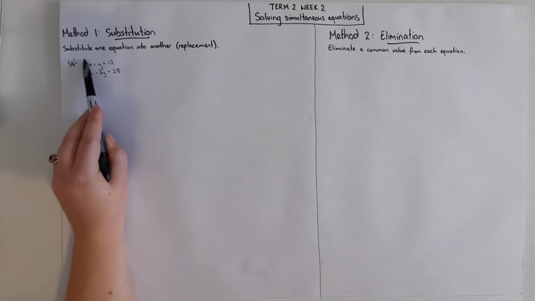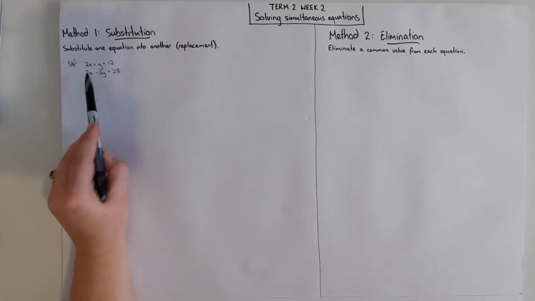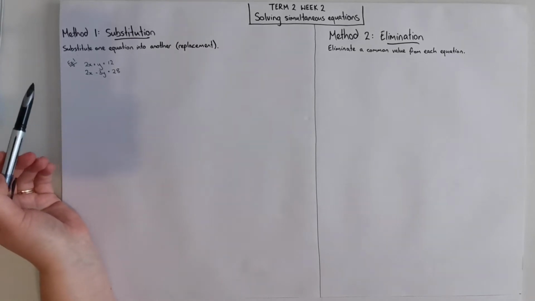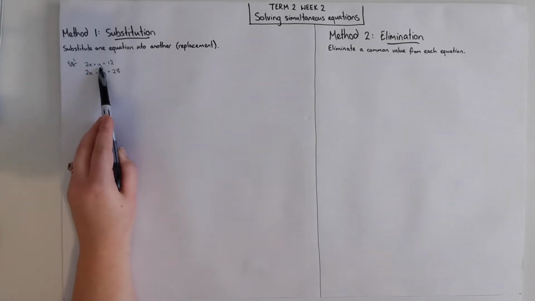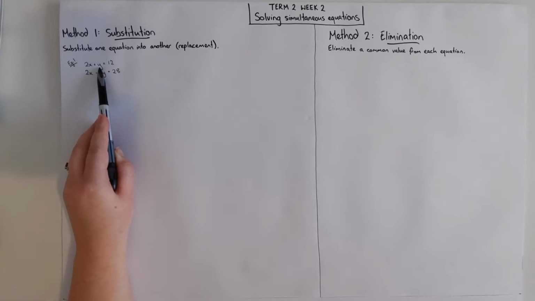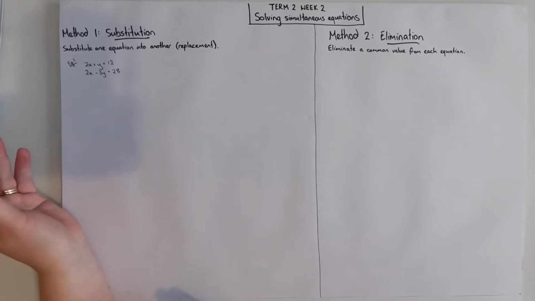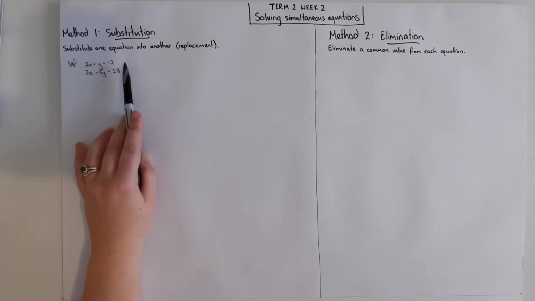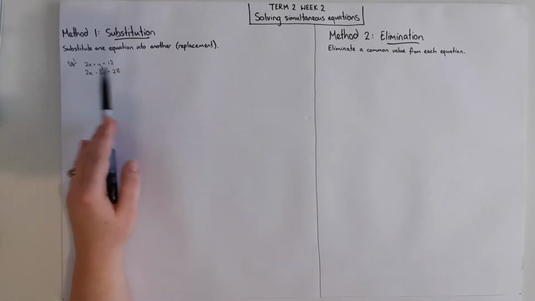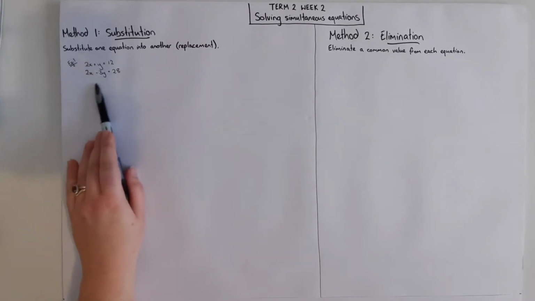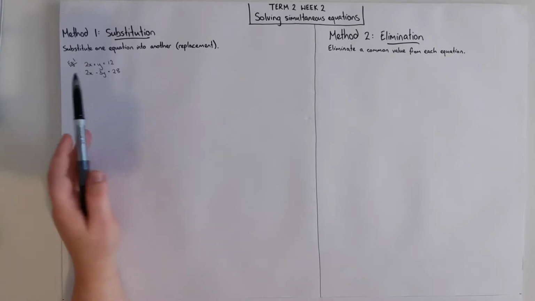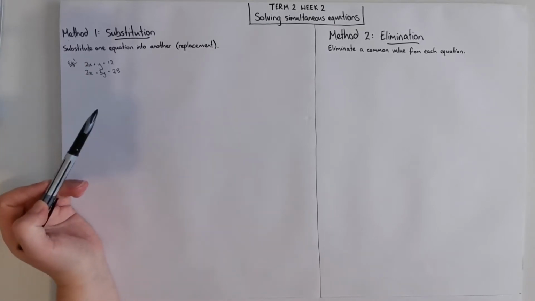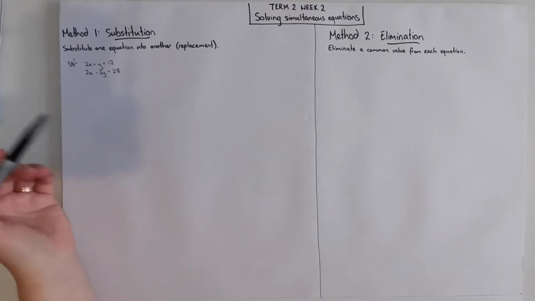First of all, I see that in both equations, I have a 2x. That is common to both. I also see that in my first equation, I have a simple y, just a single y. I could easily rearrange that equation to be y equals. Or I could easily get rid of my 2x's somehow, because they are the same, and work with substitution either way. I'll show you both.